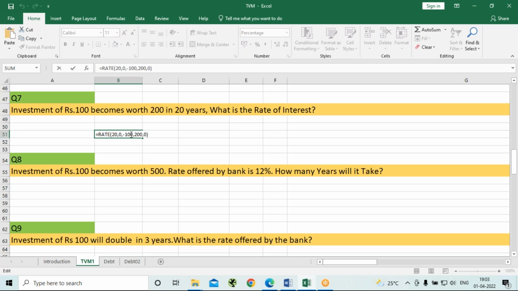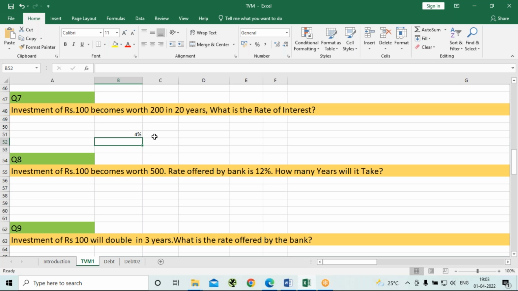Whatever value is going out of your pocket has to be entered with a minus value. So I'll do it once again for you. It is 20, comma 0, comma minus 100, comma 200, comma 0, close the bracket. So it is going to be calculated at 4% as the rate of interest.